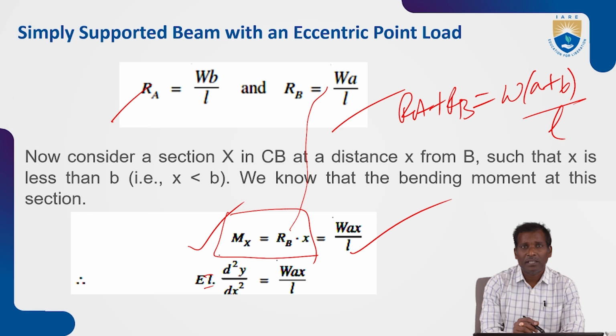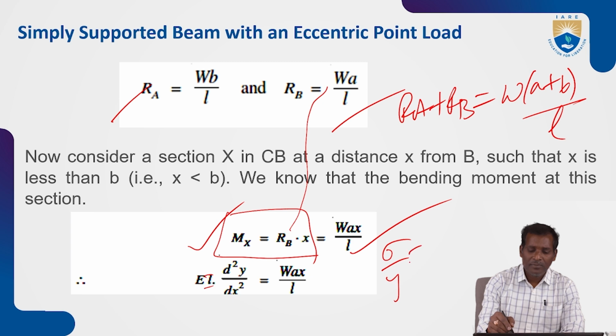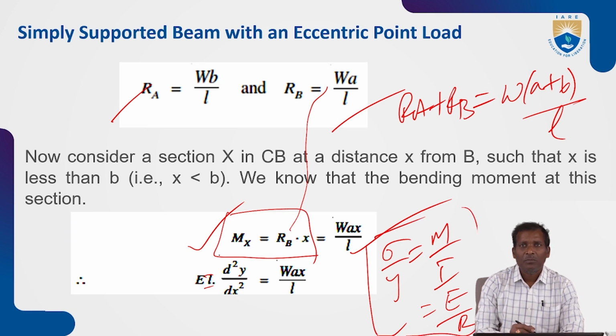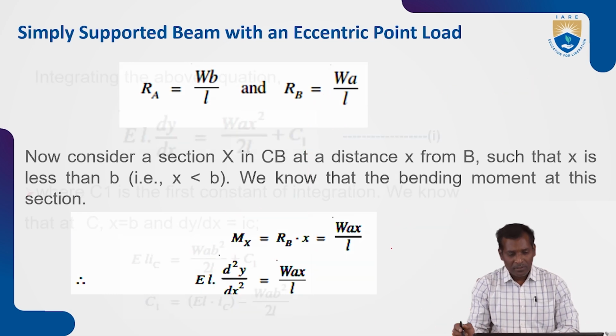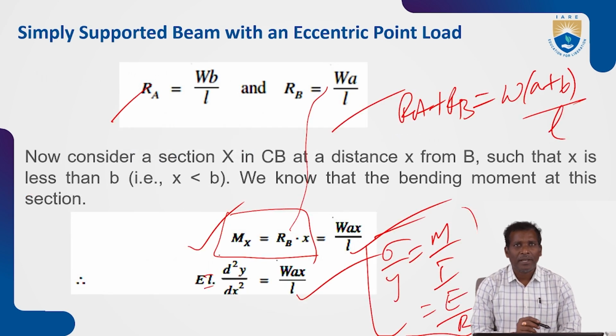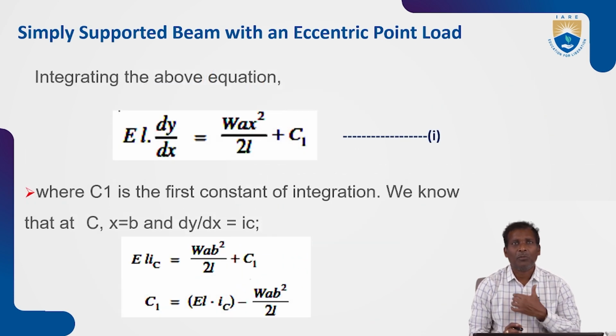As per the double integration method, we have already derived this equation from the bending stress equation, sigma by y is equal to M by I is equal to E by R. From this equation, we have derived EI into d square y by dx square is equal to WAX by L. Write the equation like this, and then integrate it.